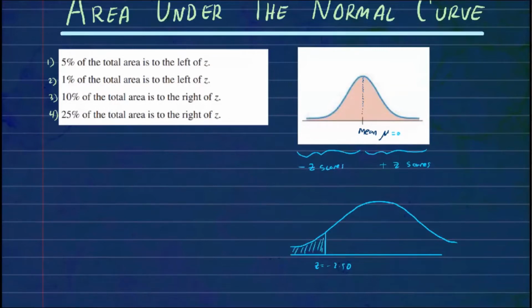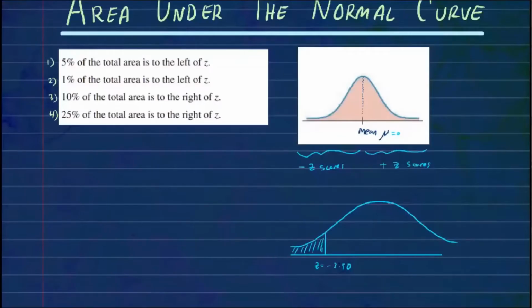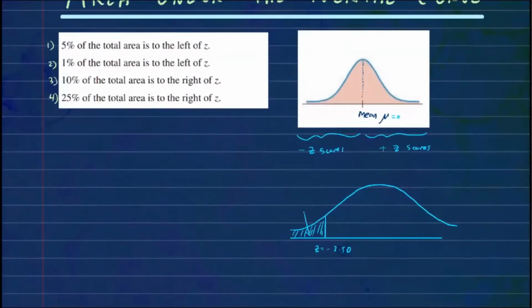Every time you read the table, you're reading the area to the left of that particular z-score. For this one, we got 0.0062. I hope you got the idea on how to read the table for z-score.